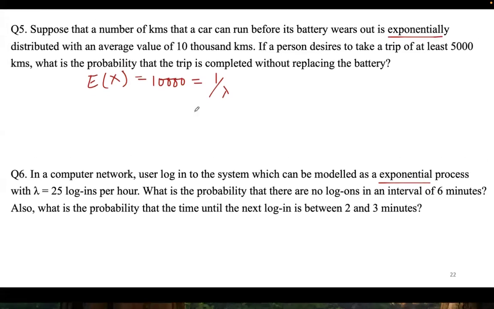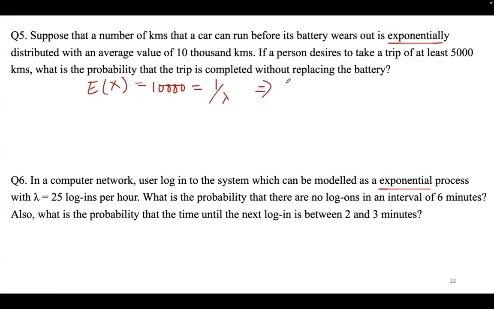Okay, so this is like a normal question. I mean, you can solve this. So lambda is equal to 1 by 10,000. The question is P(X greater than 5,000). So obviously we can do it as 1 minus P(X less than 5,000).